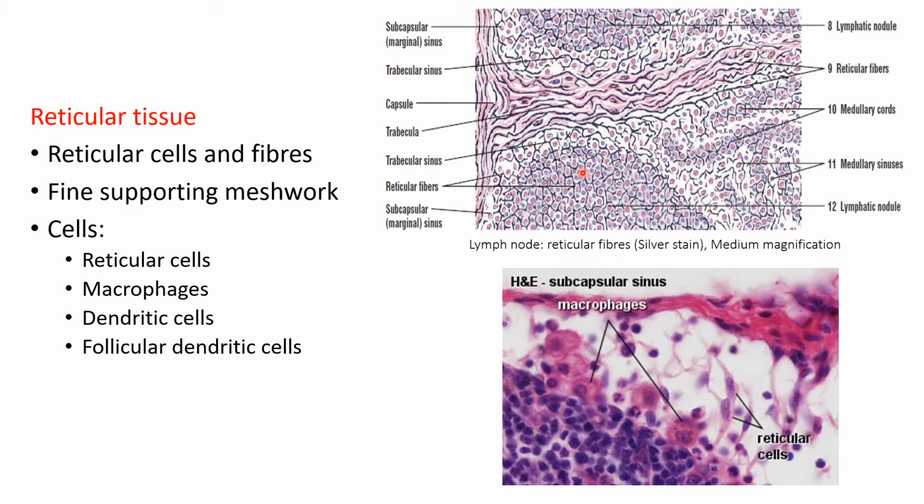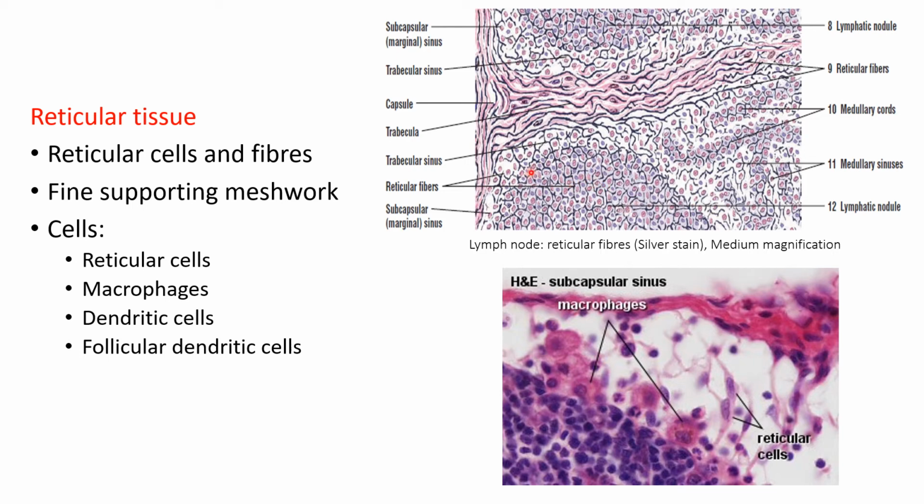This reticular tissue framework comprises the reticular cells that you see here. These reticular cells secrete the reticular fibers, which are stained here with the silver stain.